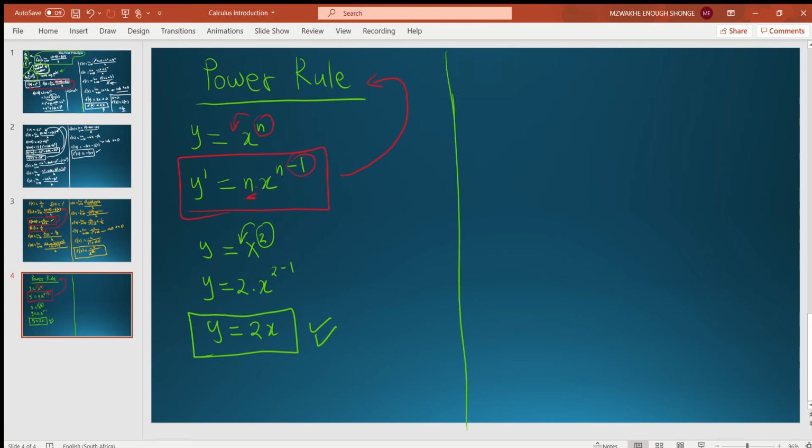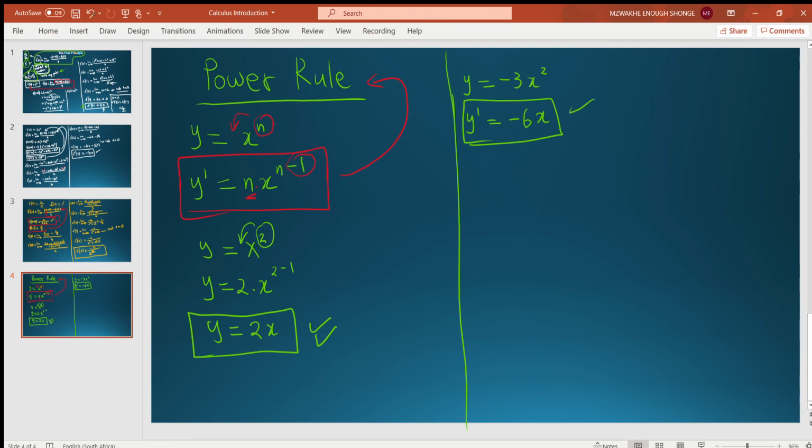Let's take another example. Let's say you have y equals negative 3x squared. Using the power rule, you will say y prime equals, you take 2 times negative 3, which gives you negative 6x, and that's it. Let's do another example.